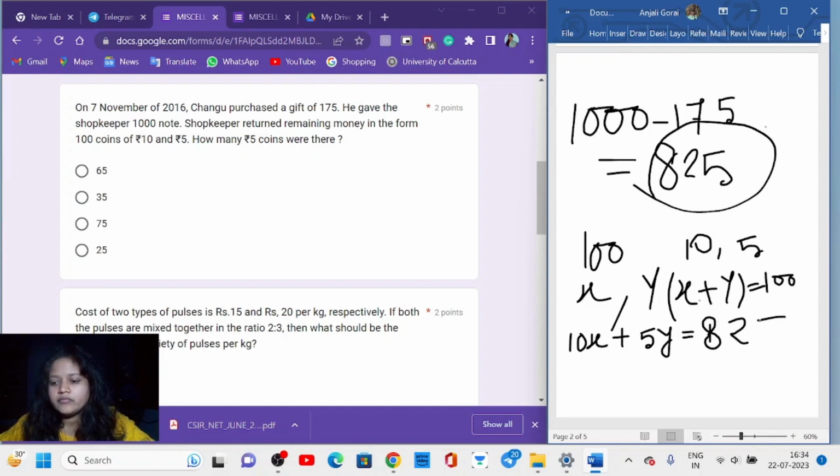From the above, we can say x equals 100 minus y, and 10 times x plus 5y equals 825.